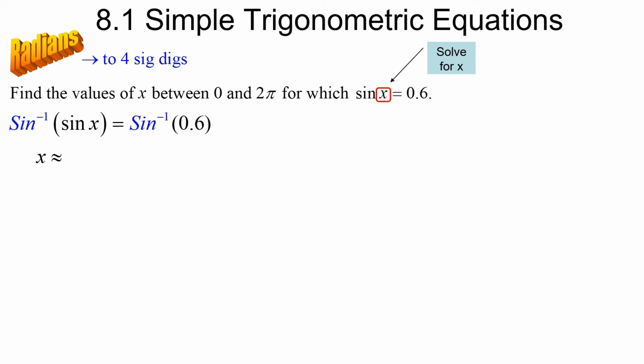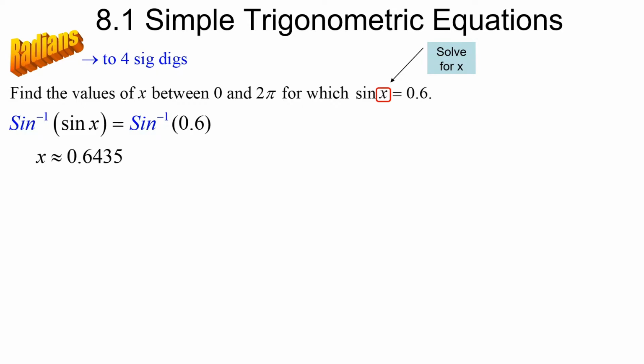Mode, I'm in radian mode. How about you? We're all in radian mode, and let's punch out inverse sine of 0.6. Second sine for the inverse sine of 0.6. And to 4 sig digs, I'm getting 0.6435. And there is my approximation, 0.6435 radians.